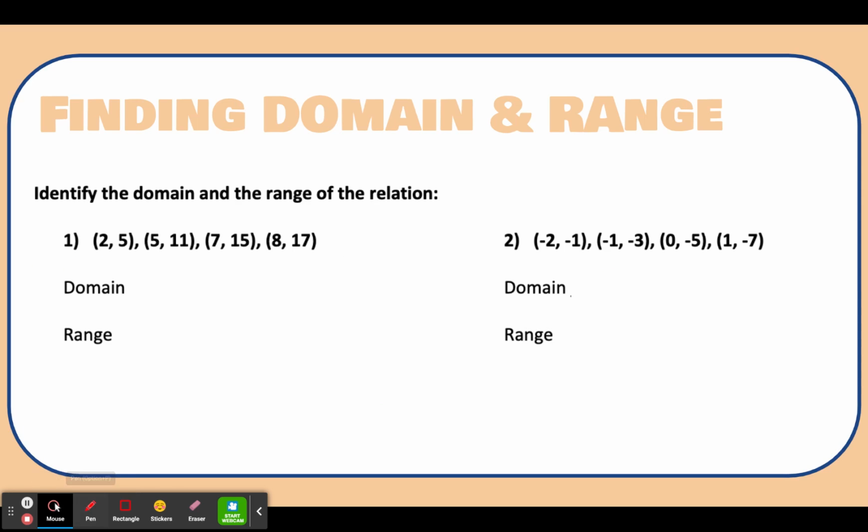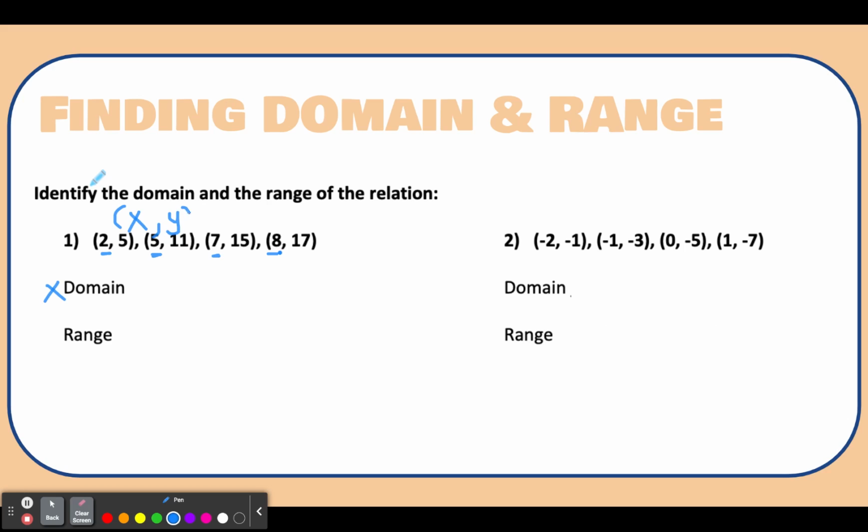Finding domain and range. Okay, we said domain is the set of all x values. So what are my x values? I have 2, 5, 7, 8. And I know these are my x values because I know that ordered pairs are always written in the form x, comma, y.